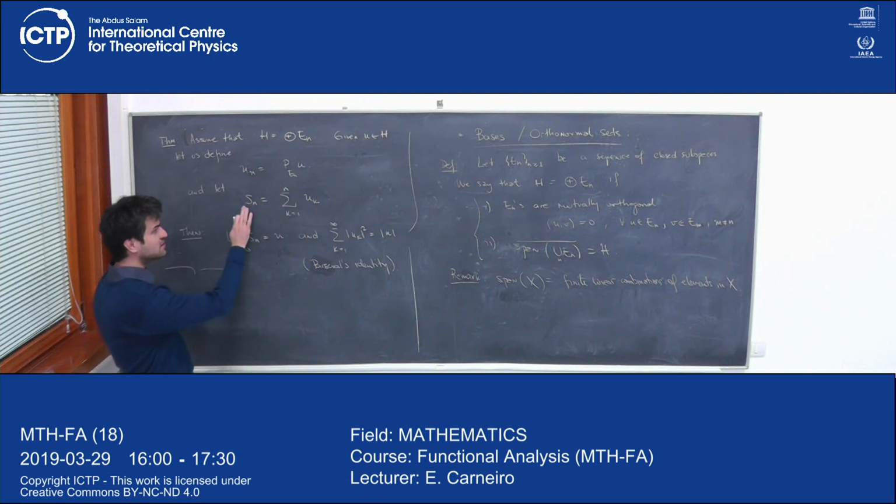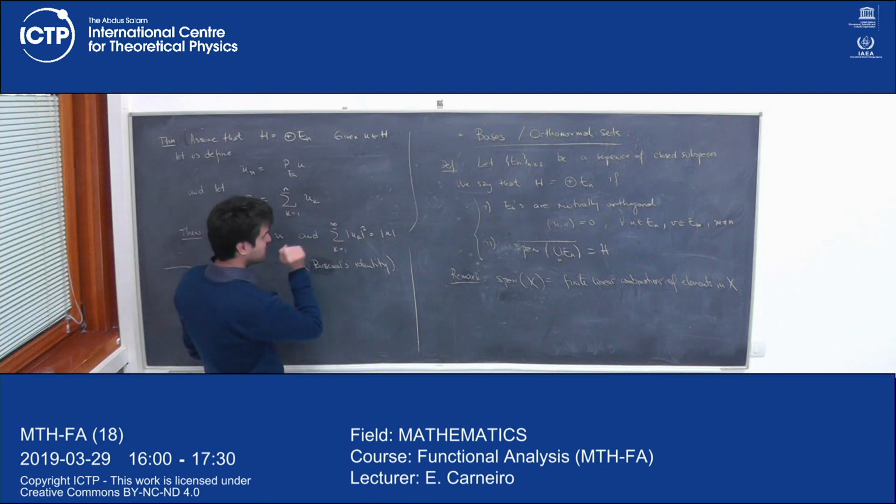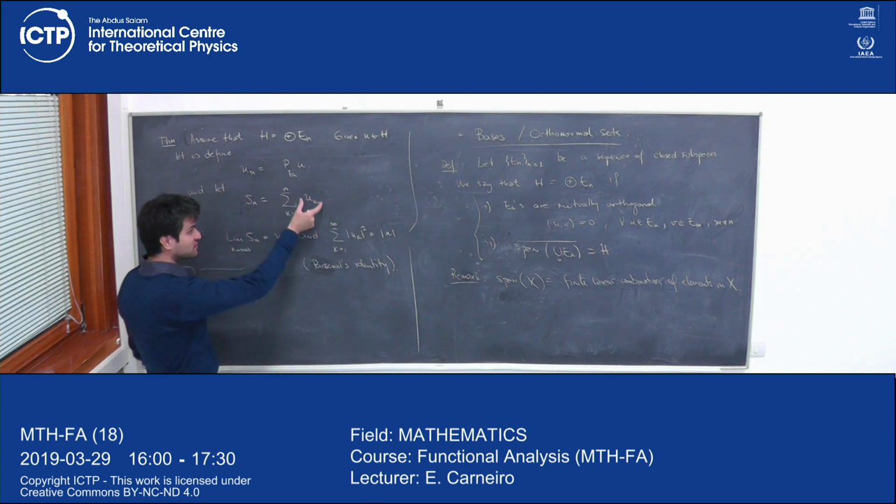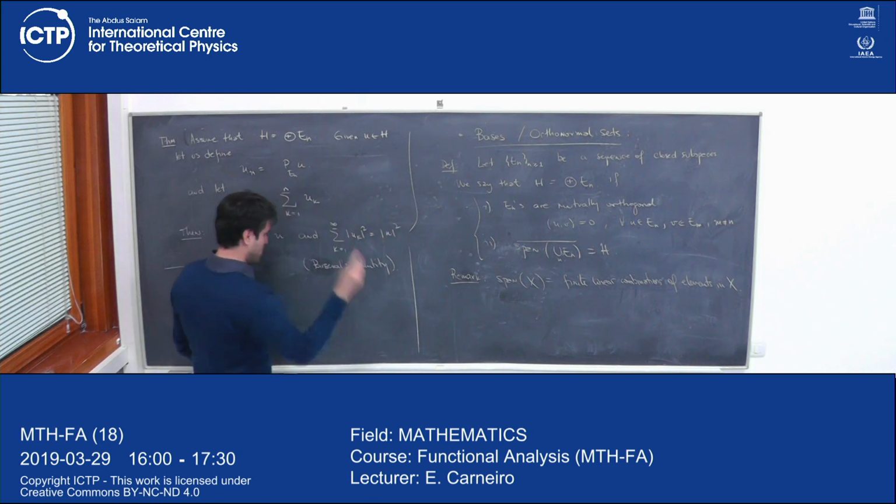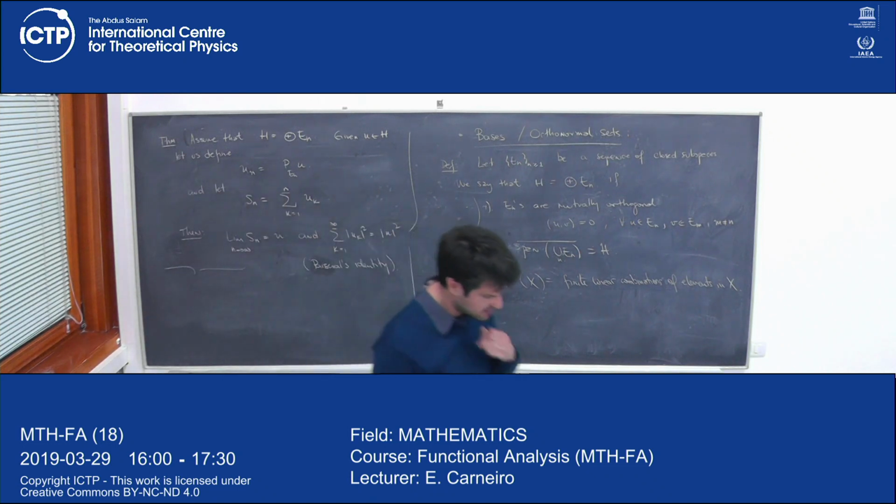What I claim to you is that these go back to u. When I say the limit of S_n goes back to u, it is of course the limit in the norm of the space. And the sum of the squares of the norms of these is just the norm of u squared. That's what we call Parseval's identity.